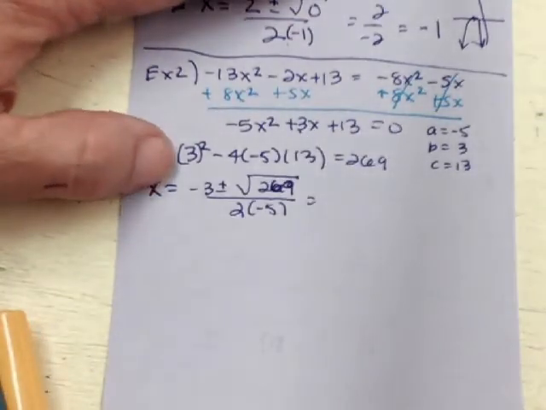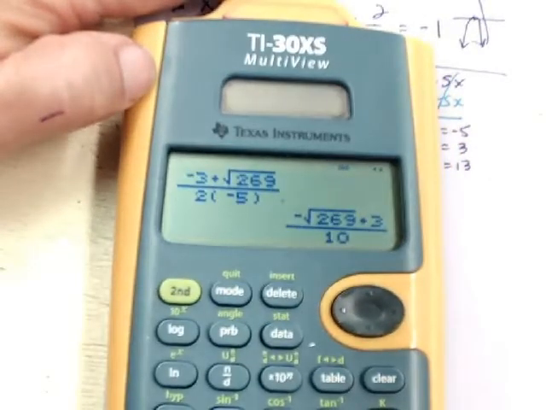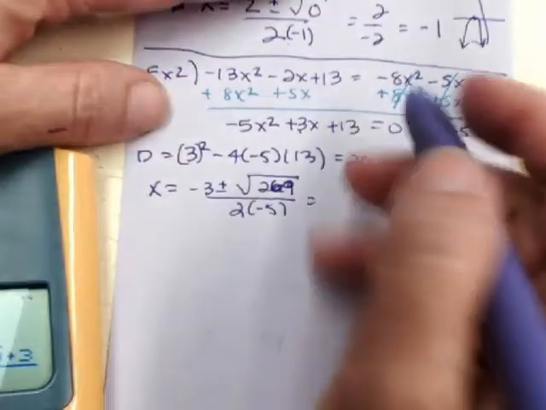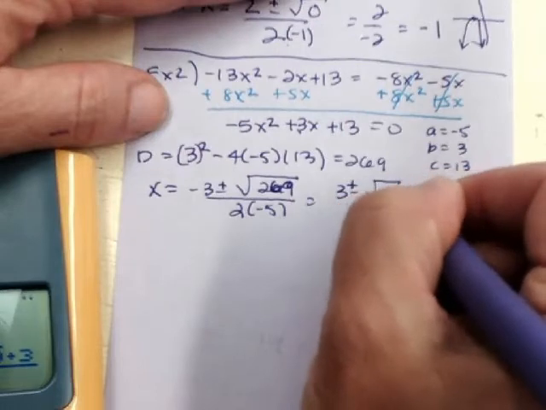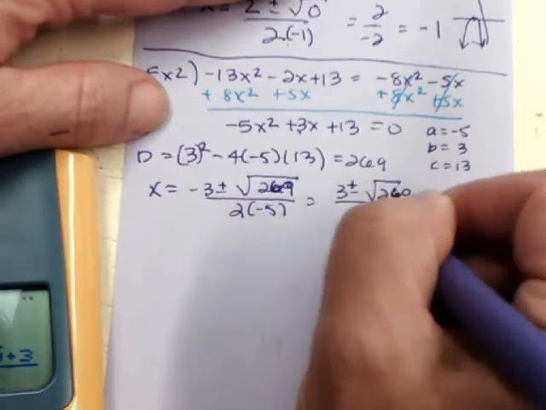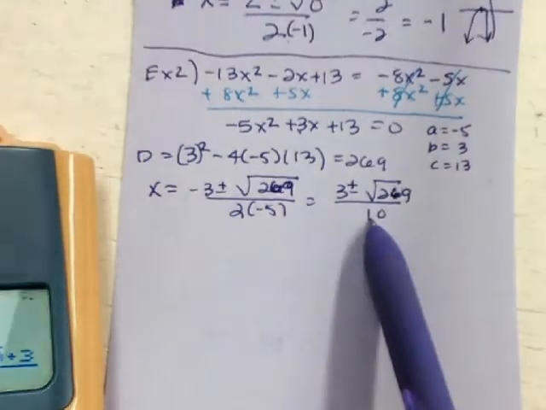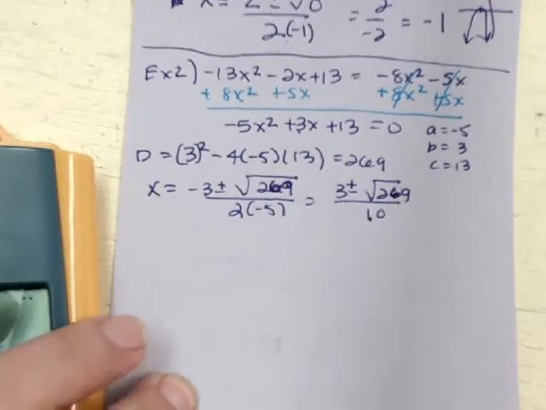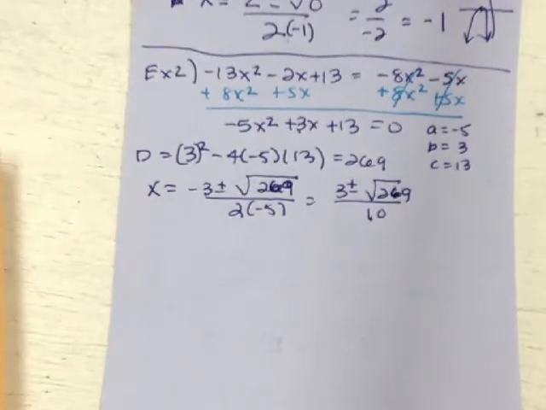Okay. So I got 3 plus or minus the square root of 269 over 10. Those are my two answers. It's 3 plus the square root of 269 over 10 and 3 minus the square root of 269 over 10. And I can get decimal approximations for those and find where they would be on my graph.